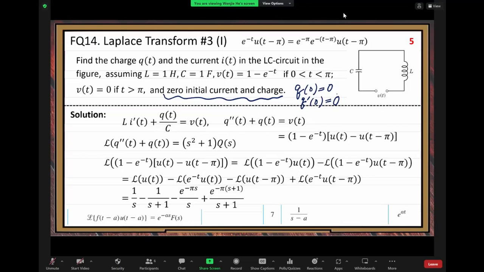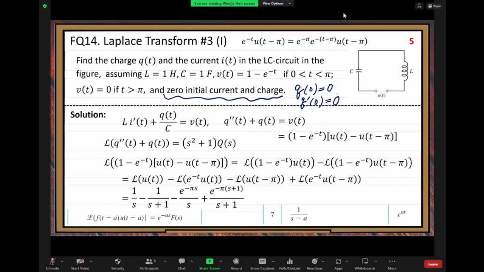But here I put this negative pi inside the parenthesis. So we practice this three times. The reason we apply this theorem is that this is our first shifting theorem, not the second.